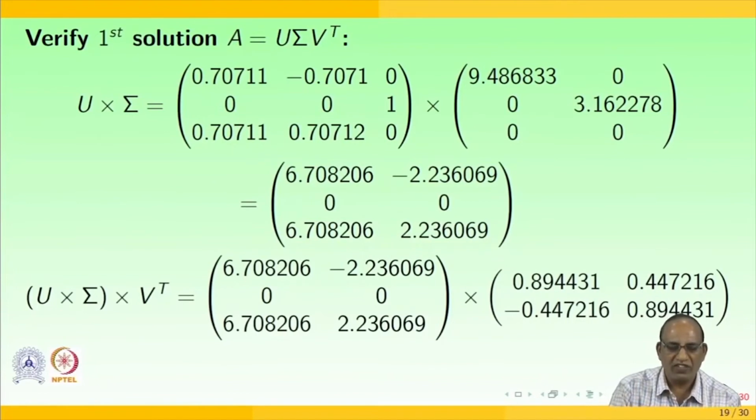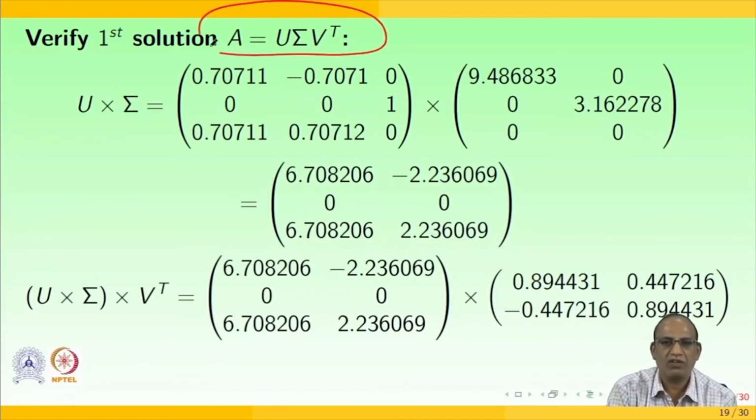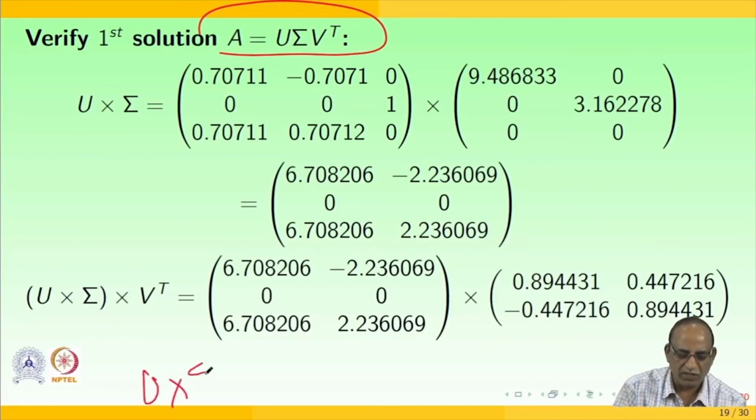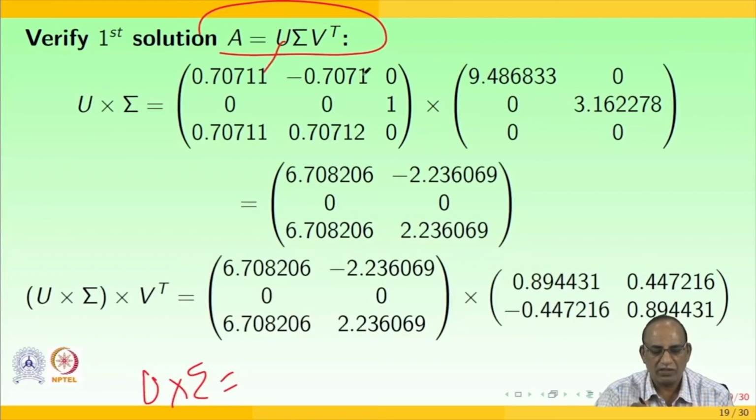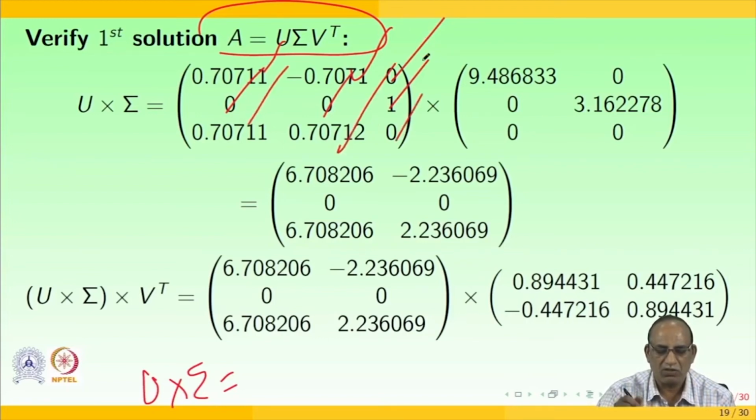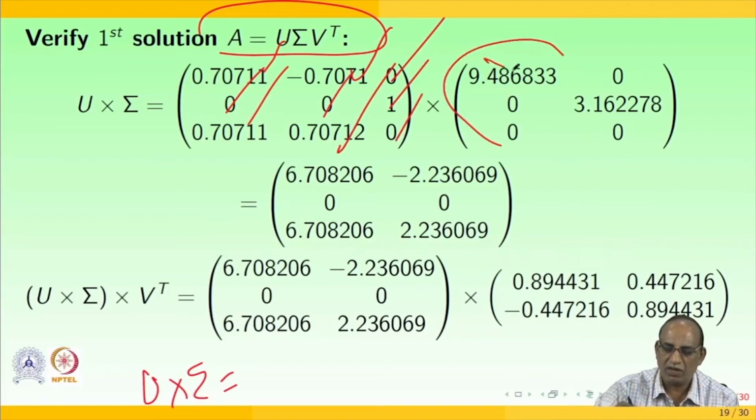You can also verify the solution, that is A is equal to U sigma V transpose, where U is 0.70711, minus 0.70710, 0, 0, 1, 0, 0.70711, 0.70712, multiplied with sigma.